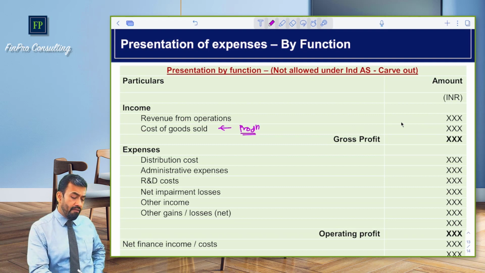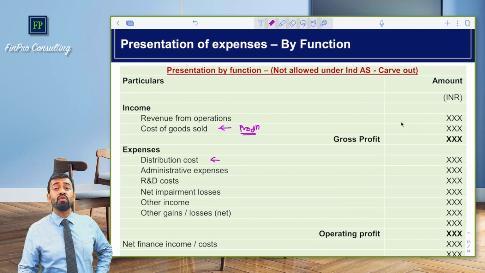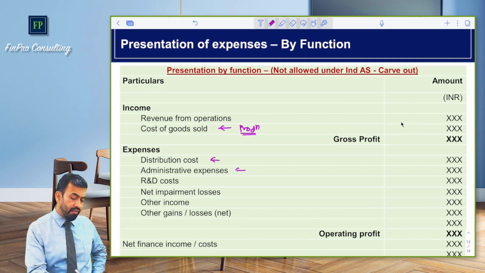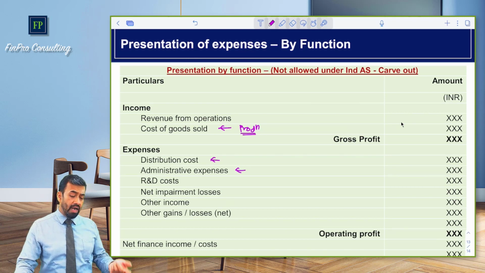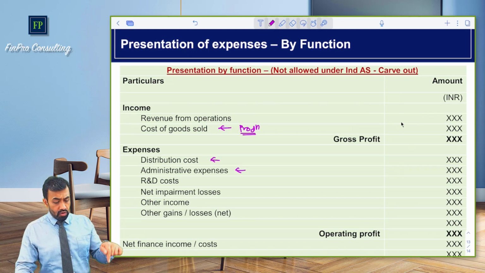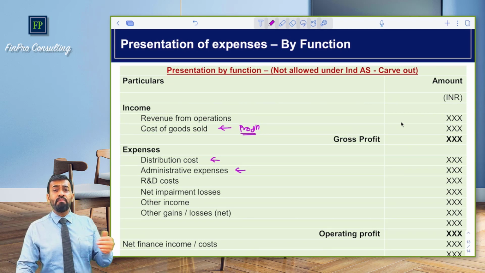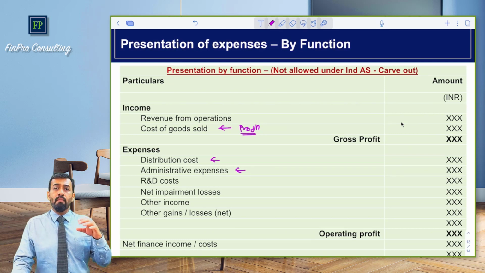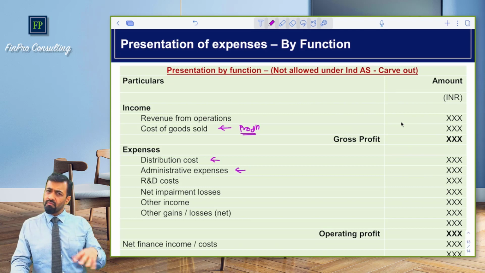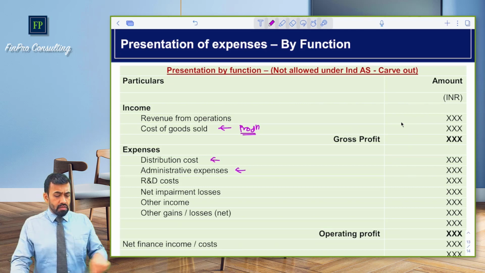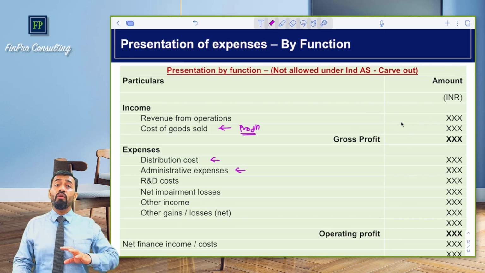Distribution cost will have expenditure with respect to the distribution function. Administrative expenses will have expenses with respect to the administration department, R&D, etc. So these expenditures have been classified and presented by department. Each department's expenditure is presented here. So this is the presentation by function.